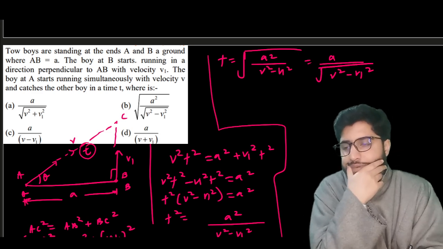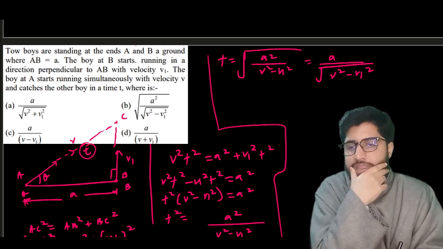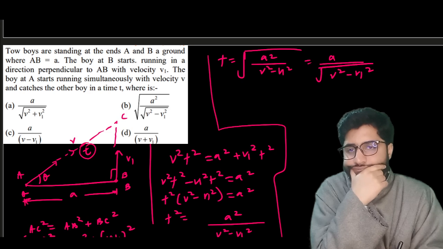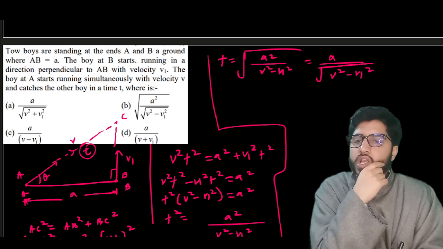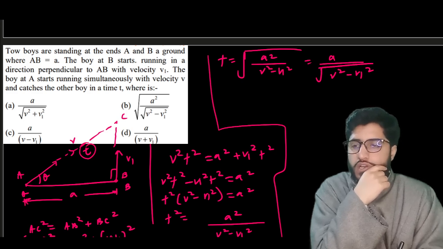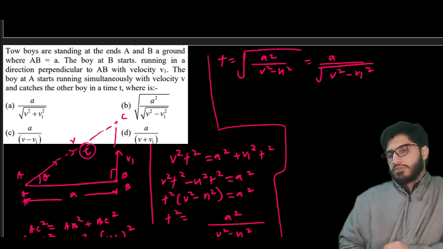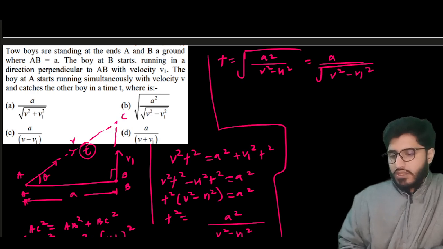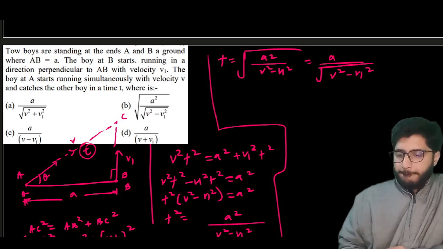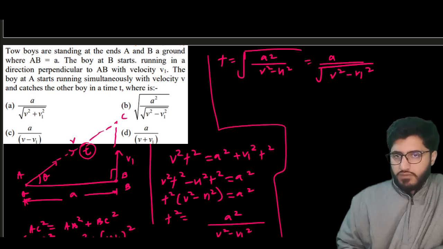But why did my answer come out wrong? My answer should be positive. Why did it come out negative now? So I can write AC square as v square t square, but it came out negative.